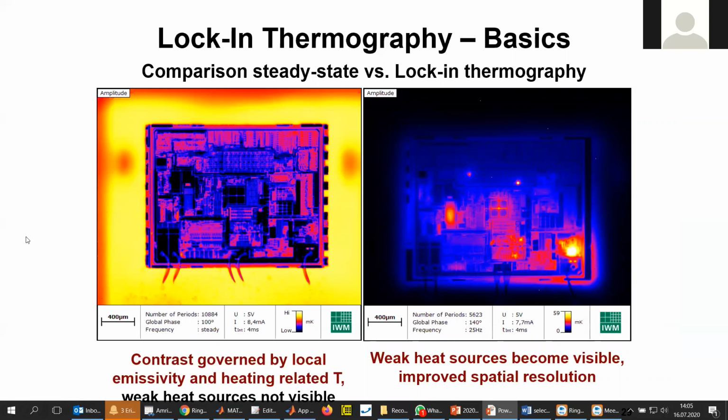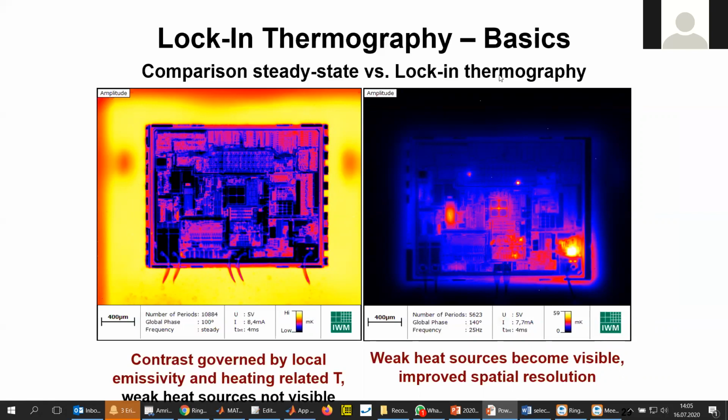Another effect I would like to mention is the comparison between steady state thermography and lock-in thermography. In steady state, even if you compensated for your emissivity, you would basically just turn on the power and look at the thermal radiation signals that are radiated off the sample.